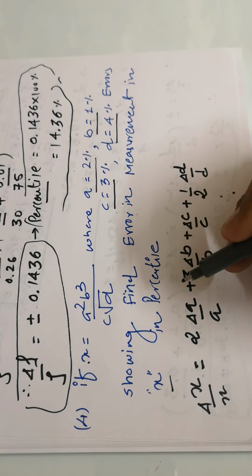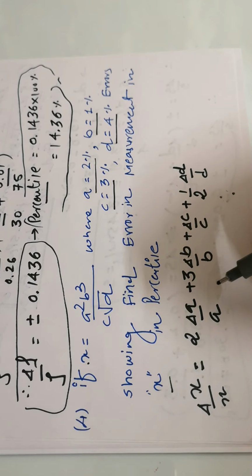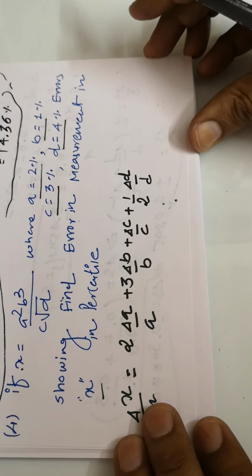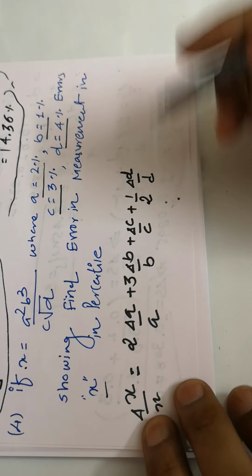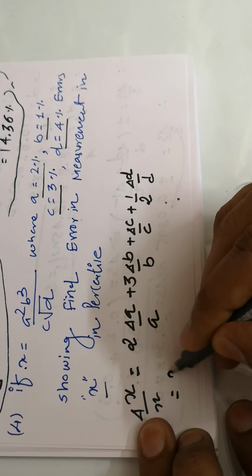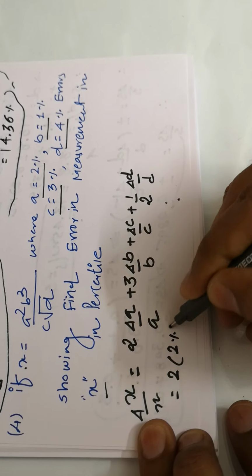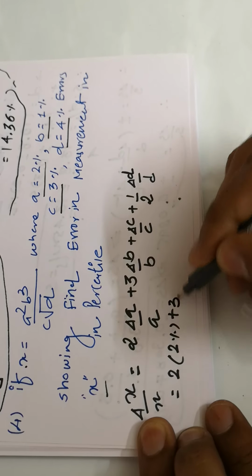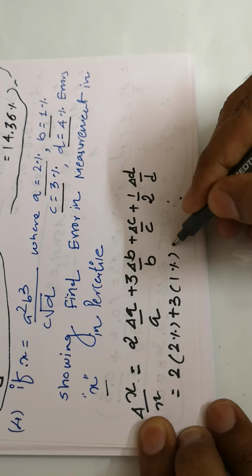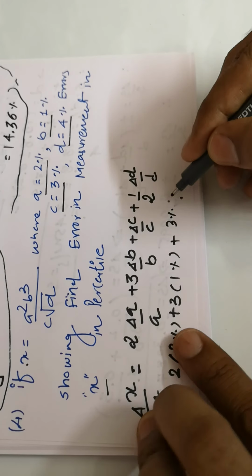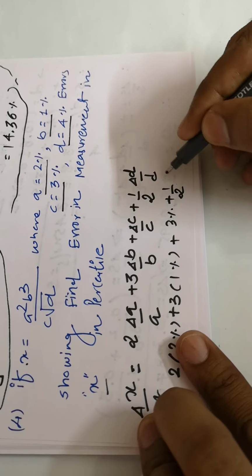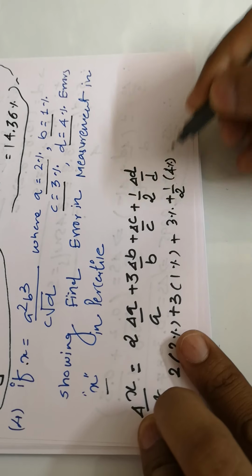You can see your data here, it has been given in terms of percentage, readily available to you, so there is no need to convert in terms of multiplication. So what I am doing is 2 multiplied by 2 percent plus 3 multiplied by 1% plus 3% plus 1 by 2 multiplied by 4%.